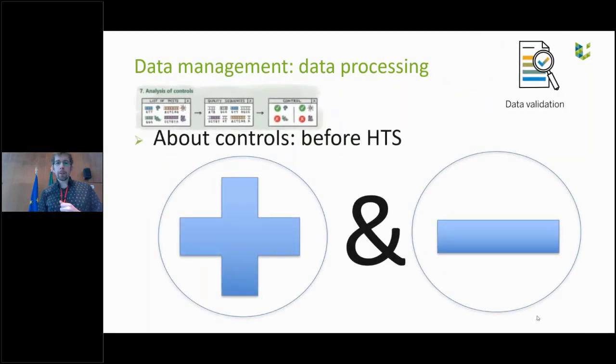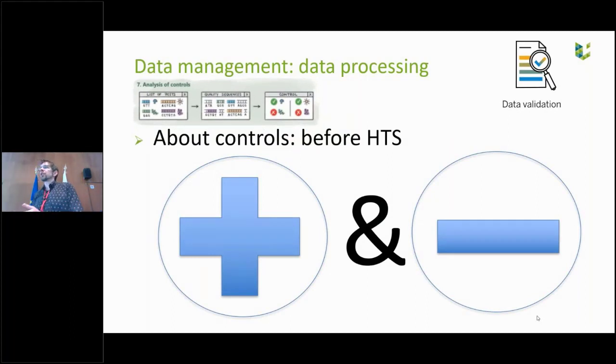The third step is data validation, and that was touched on by Natasha before. The key element is the controls. We had a very nice example at NIP with the different kinds of controls, internal, external, and so on. Before high-throughput sequencing, you have a positive control and a negative control.